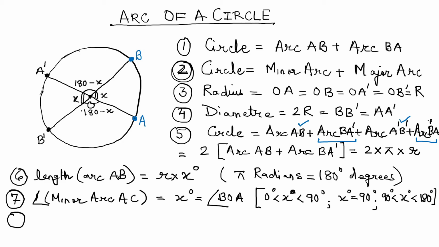So in that case, the major arc angle, if I have taken the minor arc as AB, the major arc becomes BA.